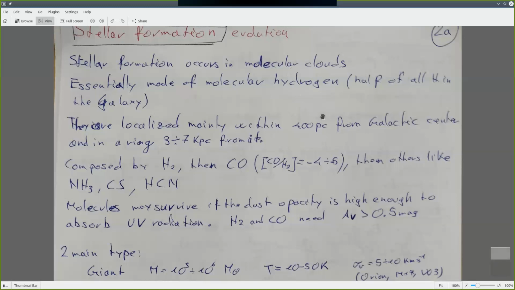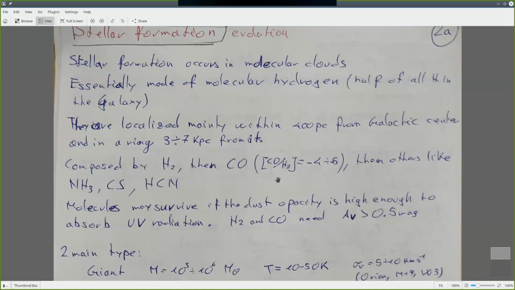Mainly in our galaxy, just to know, the molecular clouds are mainly inside the bulge within the first 400 parsec from the epicenter, and in a range between 3 and 7 kiloparsec from the galactic center.